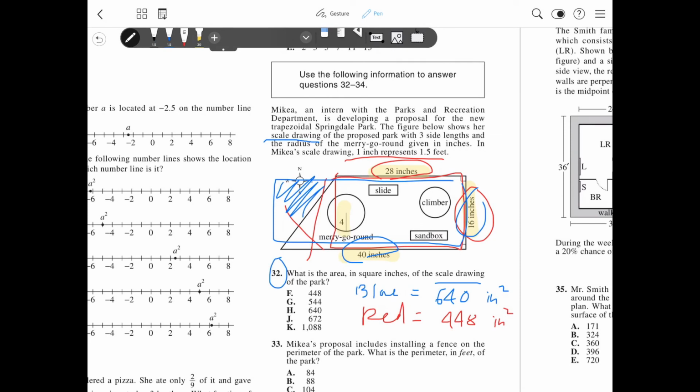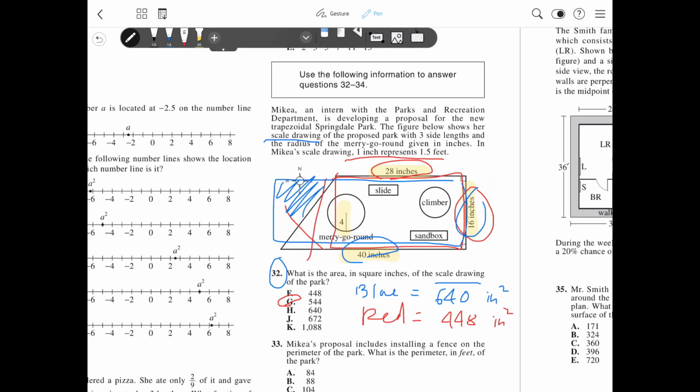And right here, I just calculated it ahead of time, but the blue rectangle, which is overshooting the area of the trapezoid, is 640 square inches in terms of area, and the red rectangle, which is undershooting the area of the trapezoid, is 448 inches squared. And because this is a scale diagram, we want to find a number that is in between these two rectangles, and that means your answer is going to be G.